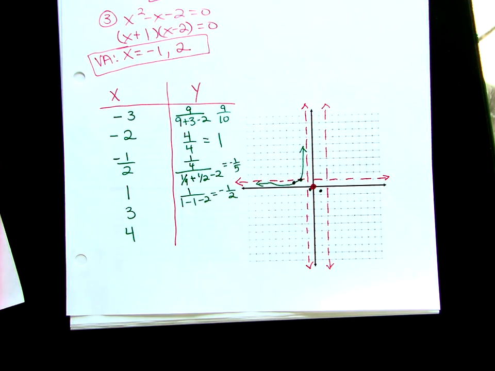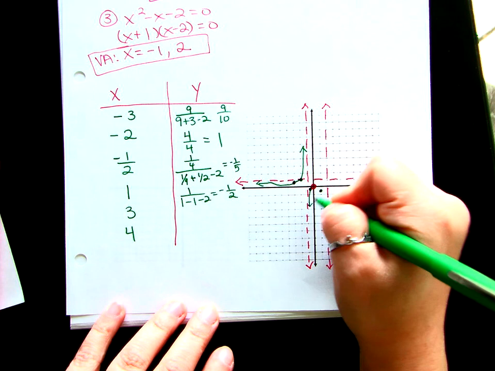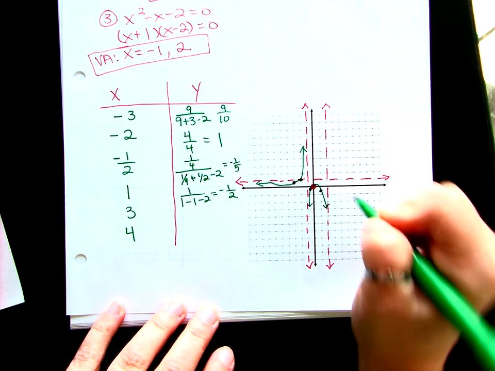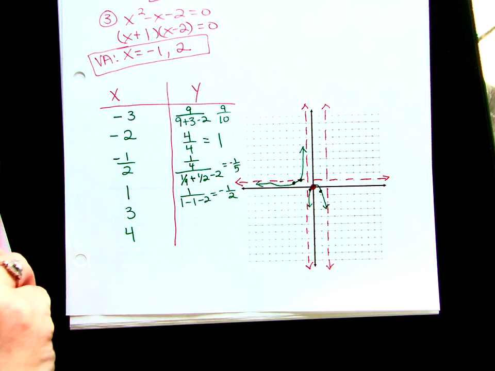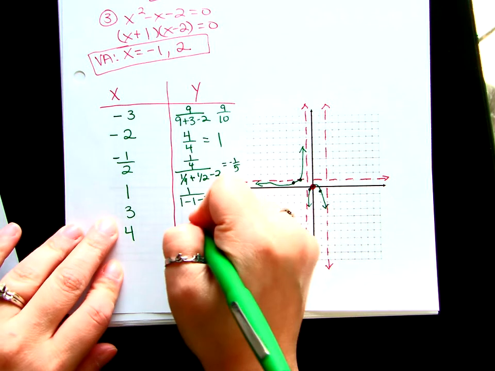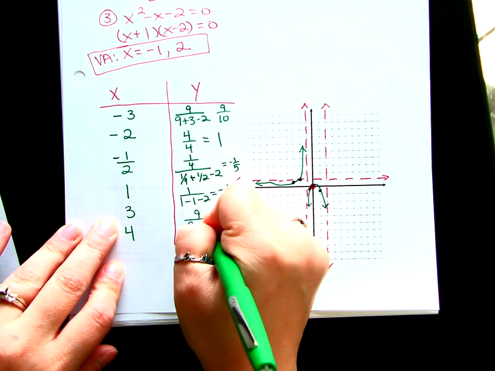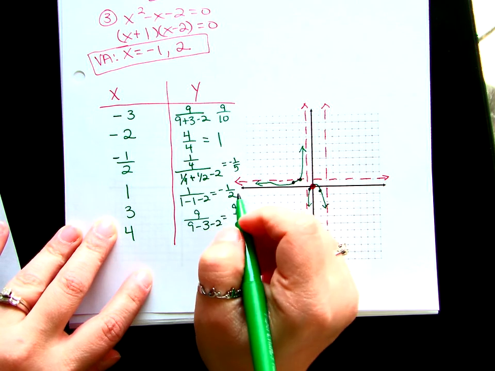So this one, we know we got a hug here on the left, and we're going to have to hug over here on the right. So it kind of looks like an upside down parabola there in the middle section. All right, 3, we would have 9 over 9 minus 3 minus 2, which is 9/4, which is about 2 1/4.